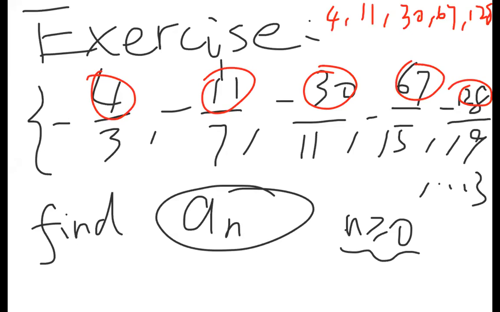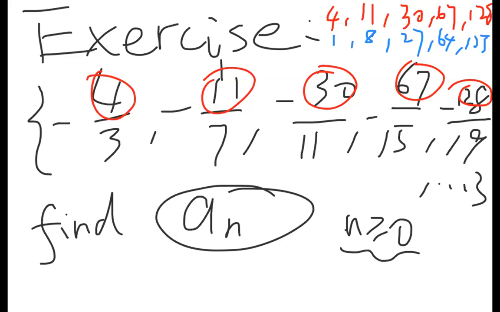When you look at the numbers that are 3 less than these numbers, they are 1, 8, 27, 64, and 125. And the pattern for these numbers is they are cubic numbers. 1 is 1 to the cubic power, 8 is 2 to the cubic power, 27 is 3 to the cubic power, and so on.